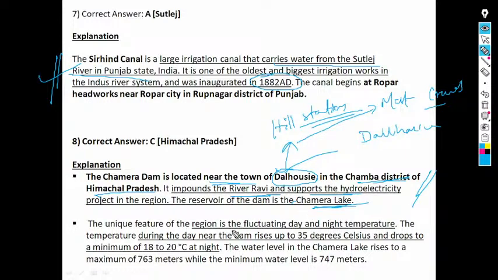The unique feature of this region is the fluctuating day and night temperature.